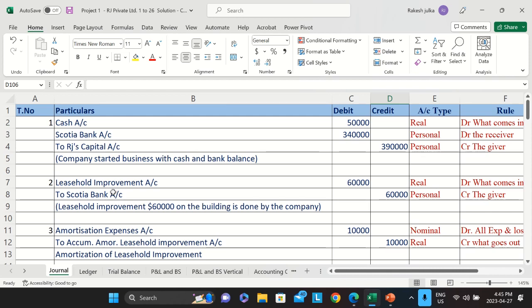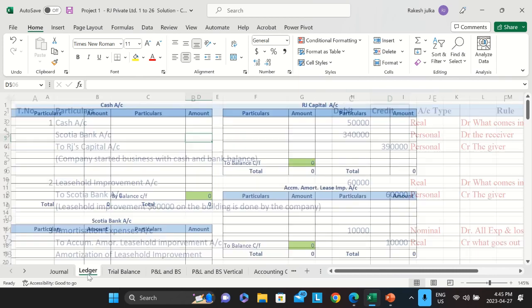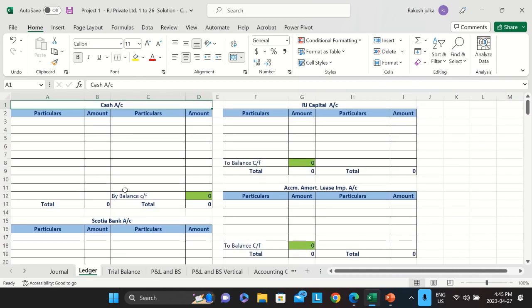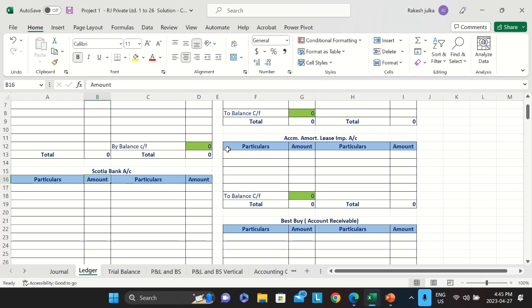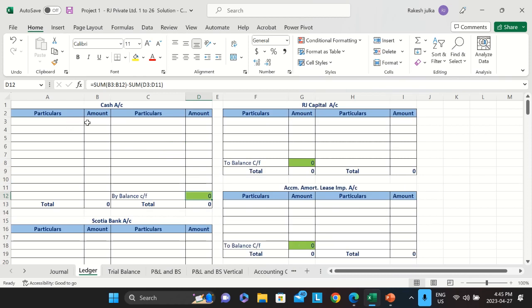And Microsoft Excel is a powerful tool to integrate one sheet with another, and another with the final one. Look at this, the ledger account here: I have created cash, Scotia Bank, and you can see the green line. I have filled this green to know that this is the balance. If the debit side is more and the credit side is less, it means the debit balance.